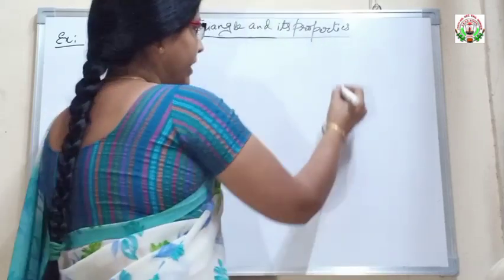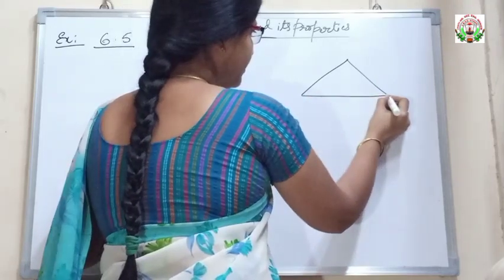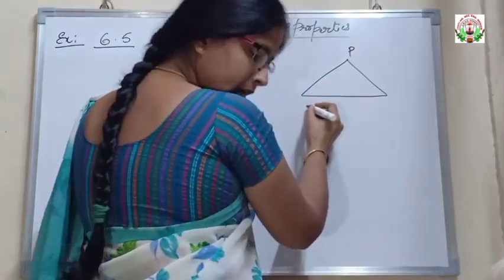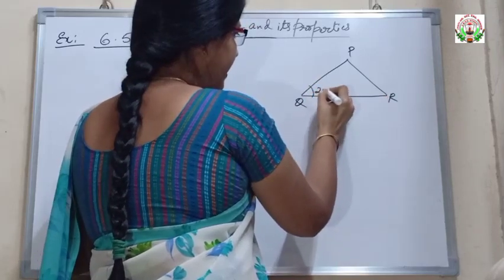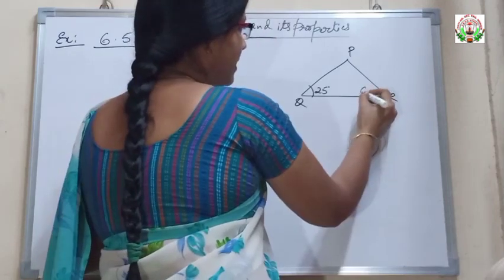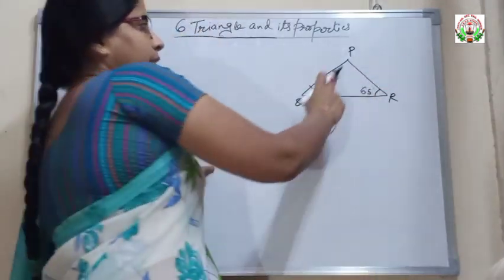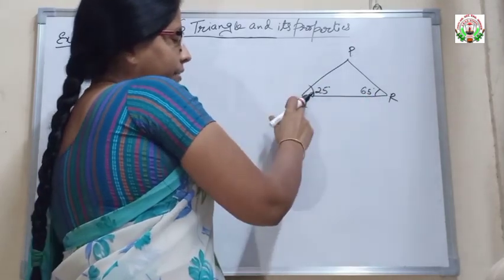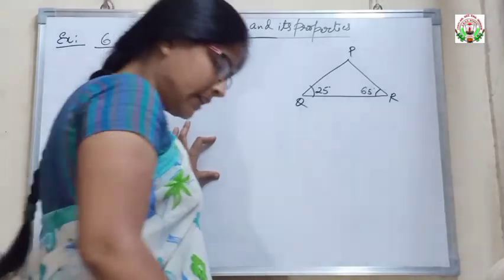See, they have given a triangle, P here, Q here and R here. Here they have given 25 degrees and here they have given 65 degrees. They have given angle Q as 25 degrees and angle R as 65 degrees.